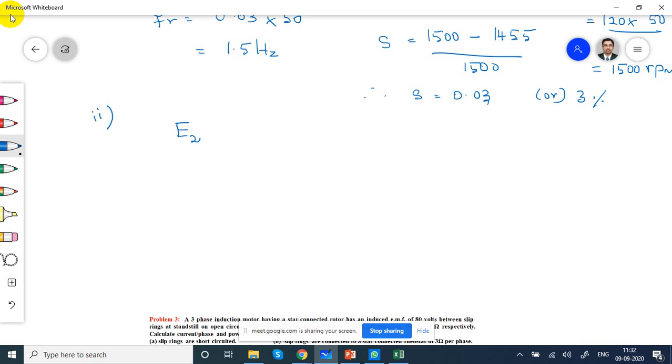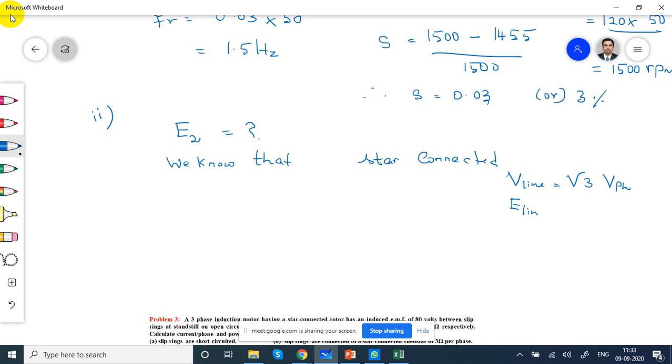So how to calculate E2? What is the formula? We know the machine will be running in star connection, because in the problem itself they have mentioned it will be a star connection. Star connection means we know the line voltage is equal to root 3 into V phase.